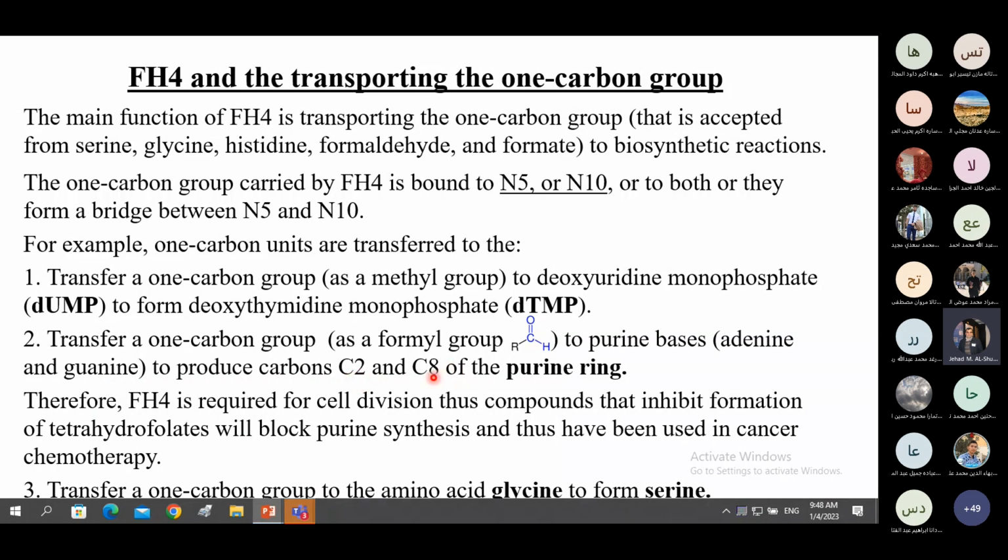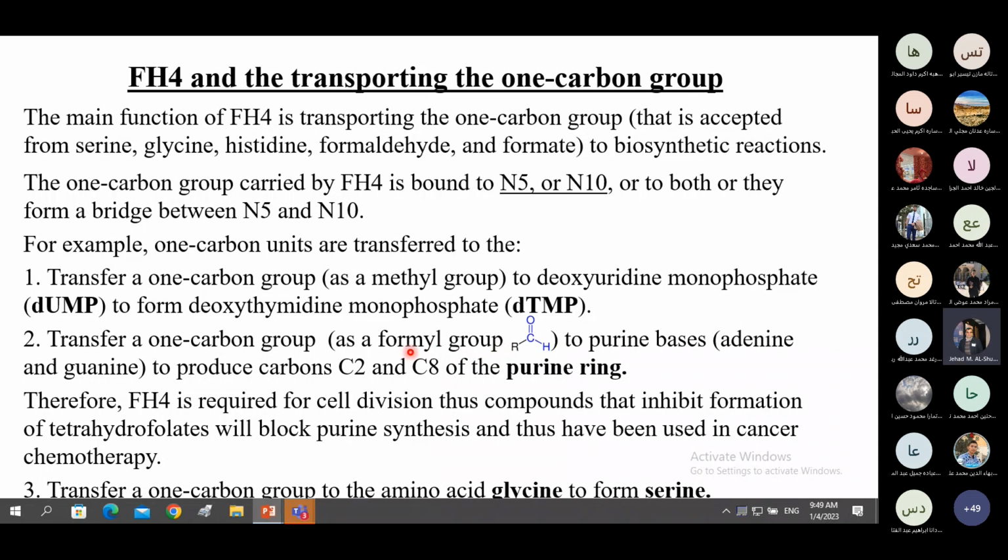C2 and C8. So C2 and C8 in adenine and guanine, the ones found in the DNA and RNA also, where do these atoms come from? They come from the FH4 that transports them in the form of formyl group.